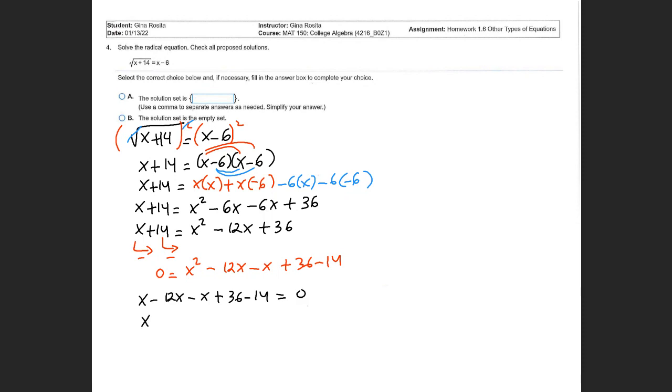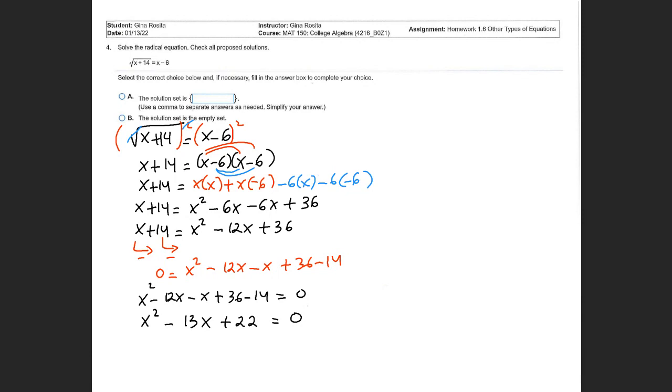So x squared, negative 12x minus 1x, the answer is negative 13x. Now 36 minus 14, the answer is plus 22 equals 0. Now what next? Look at factoring, yeah?